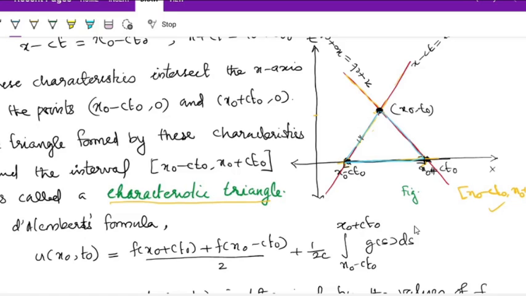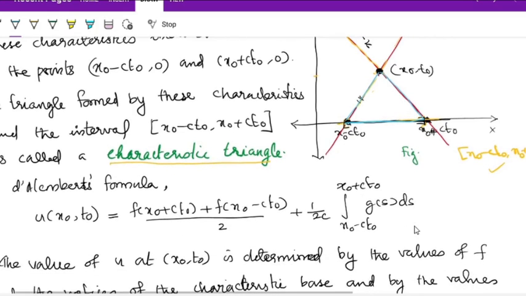So the solution at the point (x0, t0) depends only on the vertices of the characteristic base, that is, the value of f at the points x0 minus ct0 and x0 plus ct0, and the value of g in the closed interval x0 minus ct0 to x0 plus ct0. It doesn't depend on the values of f and g at any point outside this interval.